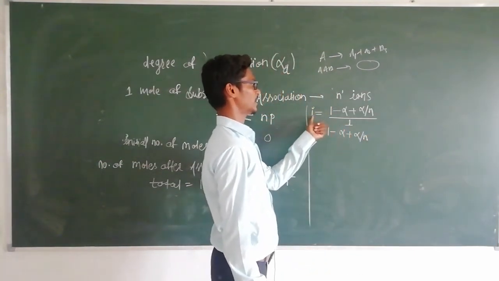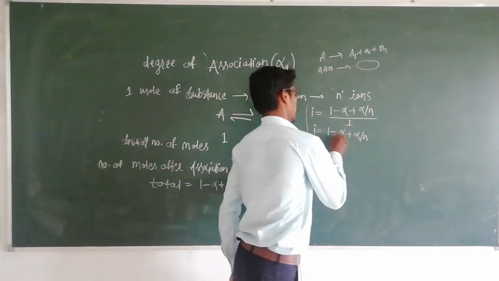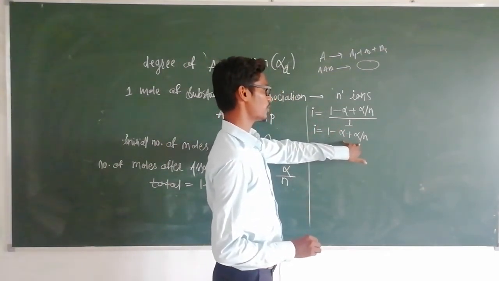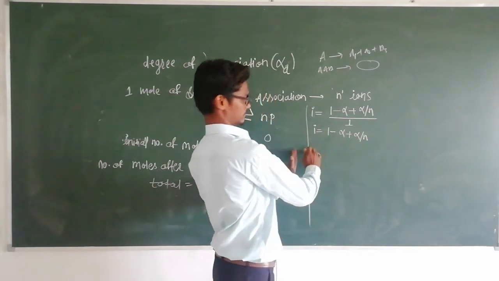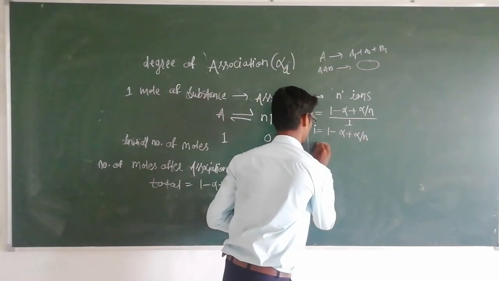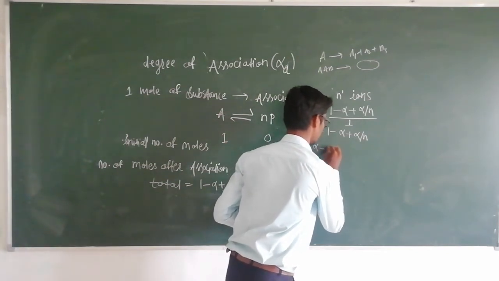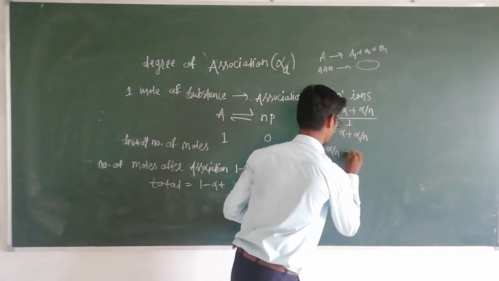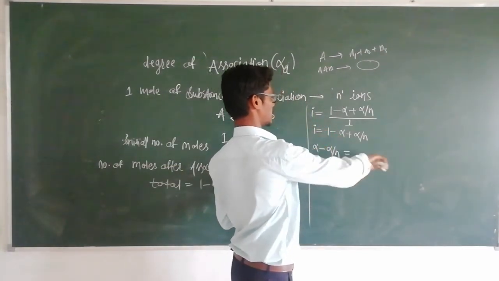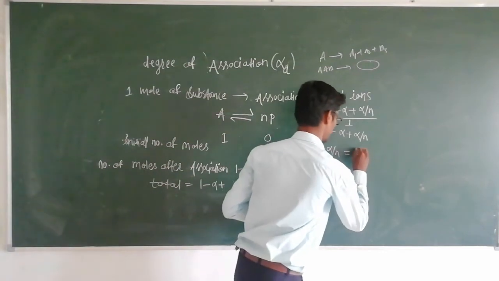This 1 gets multiplied with i. The two alpha quantities get transferred towards the left hand side, so we have alpha minus alpha by n is equal to, and this i value gets transferred towards the right hand side, 1 minus i.